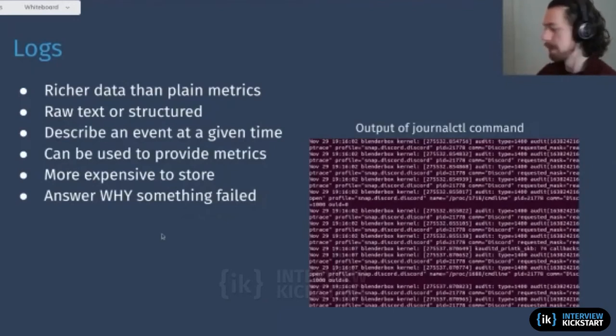Logs. Logs are a little bit more complicated when it comes to storage and indexing, but they are still pretty straightforward on the surface. We're probably plenty familiar with logs being the text output that a process produces as it's doing its job. We'll get into this later when we get to the logging topic specifically, but logs get closer to answering why something failed.